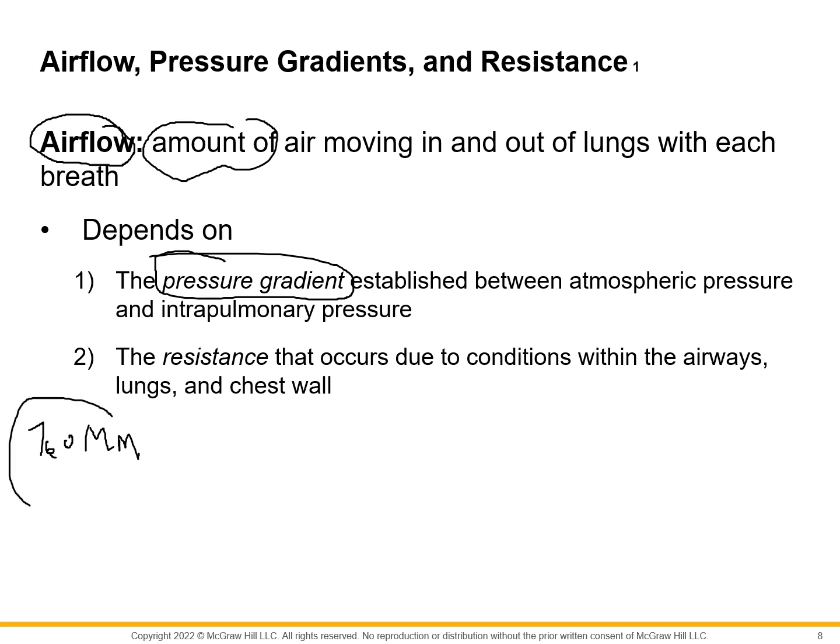at sea level. As altitude increases, air gets thinner. So as you go up in altitude, this 760 millimeters is going to change. It's going to get less. Imagine you're sitting on a plane and the plane is taking off.